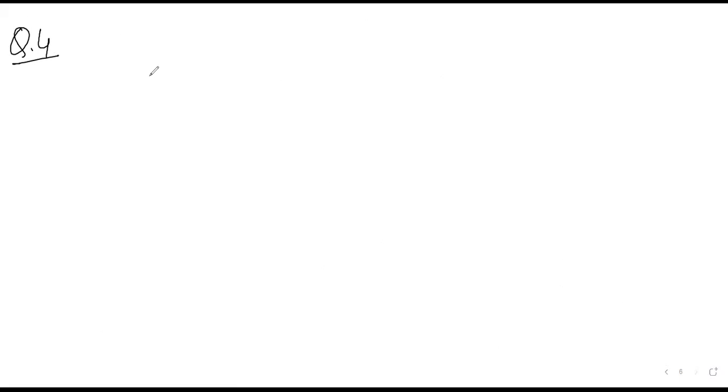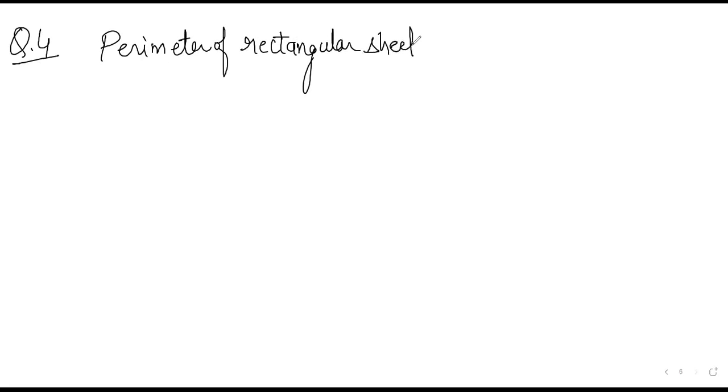Okay, so next question. The perimeter of a rectangular sheet is 100 centimeters, and the length of the rectangular sheet is 35 centimeters.